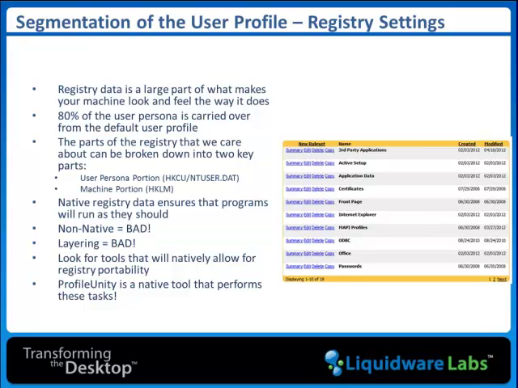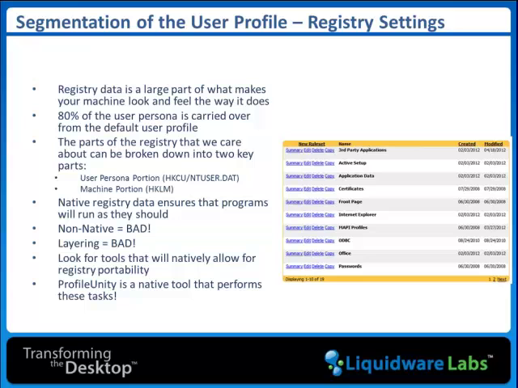Now, these parts of the registry we care about can be broken down into two key parts. The user persona portion, which generally is stored as HKEY_CURRENT_USER, aka ntuser.dat, and the machine portion, which is generally stored as HKEY_LOCAL_MACHINE. Now, native registry data ensures that programs will run as they should. If we have a non-native solution, so if we decide to encapsulate or virtualize or layer that registry, then that's bad because that's not native.